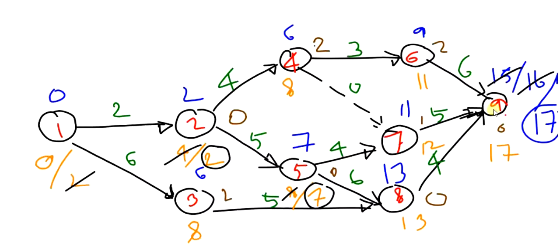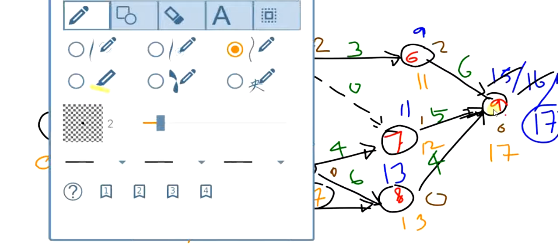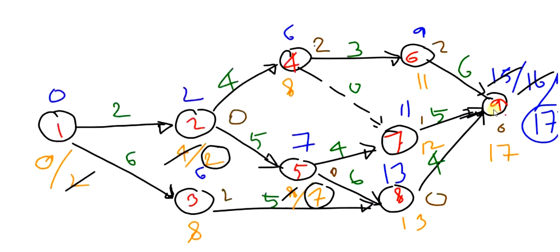Okay. So let us draw the critical path. 1, 2, 2, 5, then 5, 8, and 8, 9.